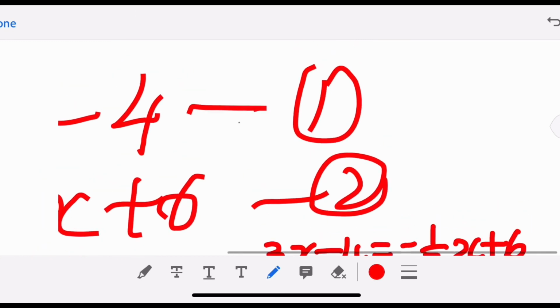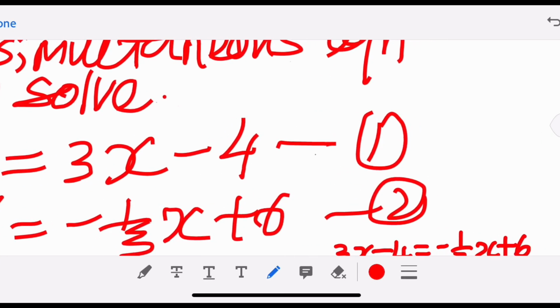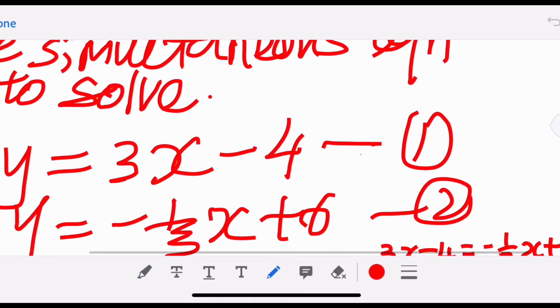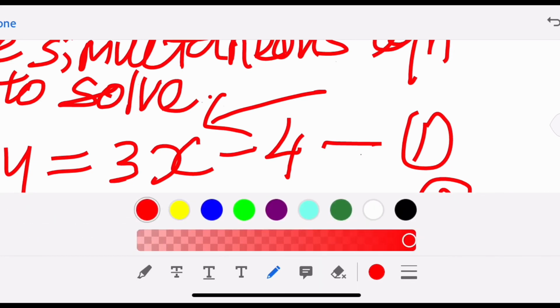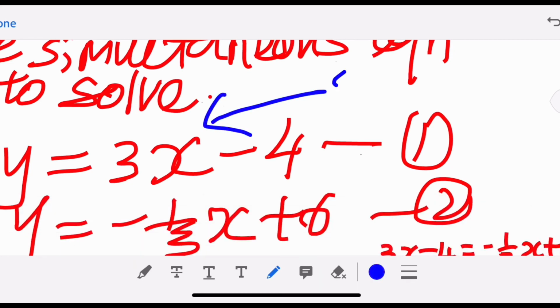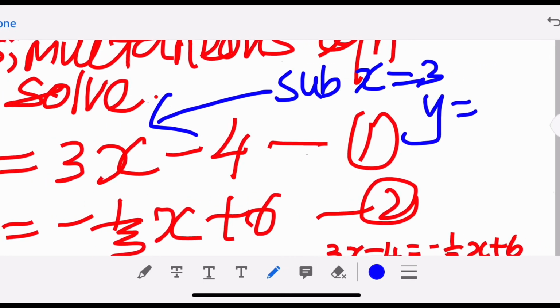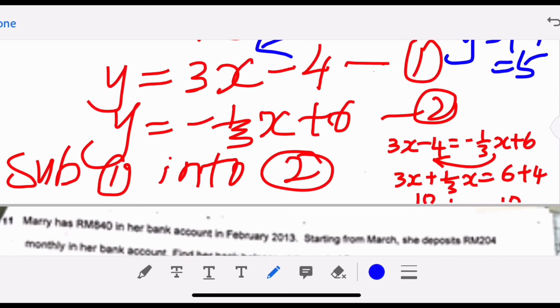After you get x equals 3, you must substitute into either 1 or 2 to get your y. So your y is 3 times 3 minus 4 because your x is 3. You substitute x equals 3 into equation 1, so you get 9 minus 4, which is 5.